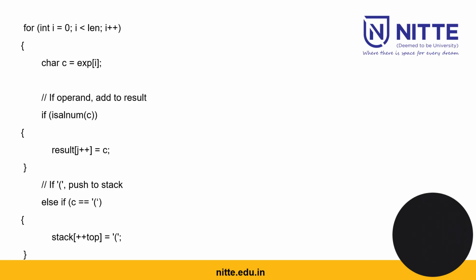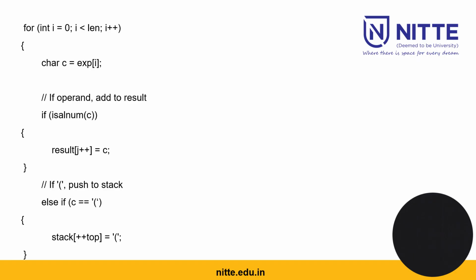That means if it is alphanumeric, C, if it is a number, then I have to assign that c to the result and increment the result by incrementing j. j will be used in the result, that is why we have taken j there.